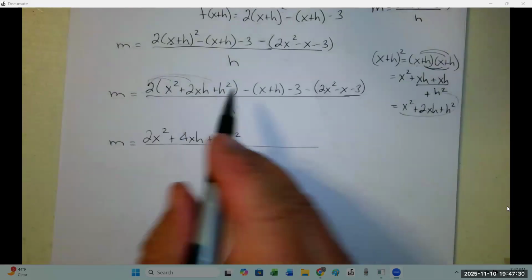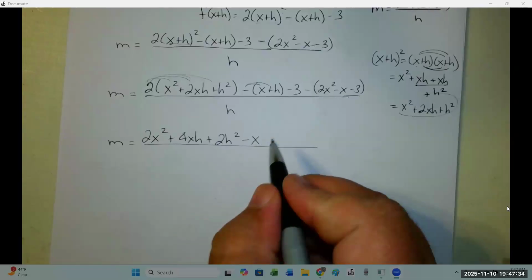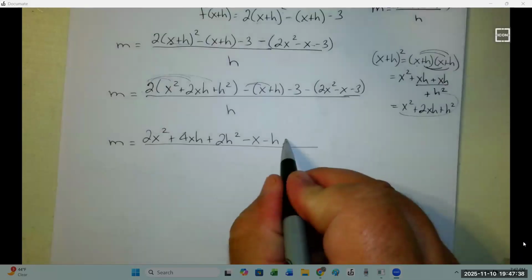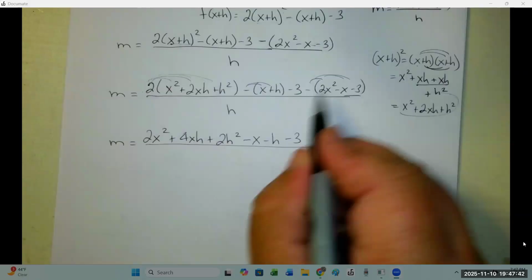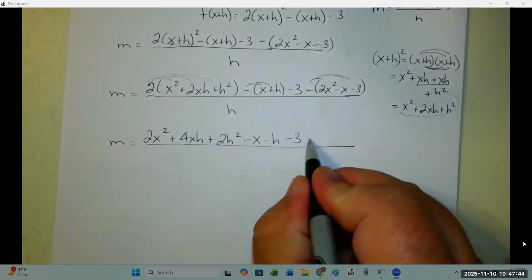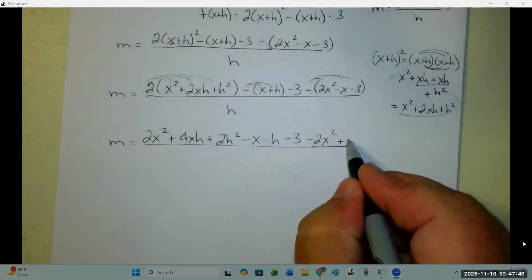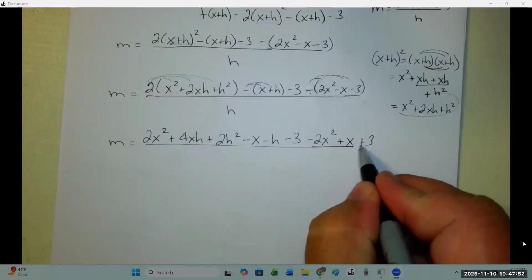I get rid of the first parentheses. Negative changes both of those signs, so it's negative x minus h minus 3. And this negative changes everything, so it's minus 2x squared, negative and negative makes a positive x, negative and negative makes a positive 3.